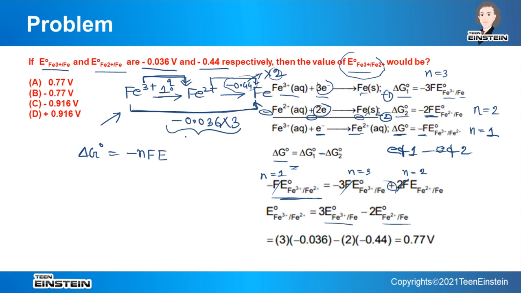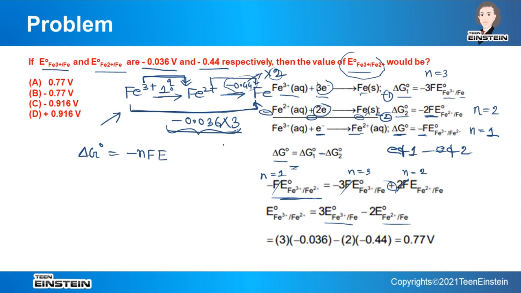So that is why when we are deducting minus 0.036 into 3, then minus of minus, that is ultimately it will be plus 0.44 into 2. Then don't forget to divide it by 1. Here it is 1, that is why it is fine, but it may be 2 or 3 or any other value. Okay.